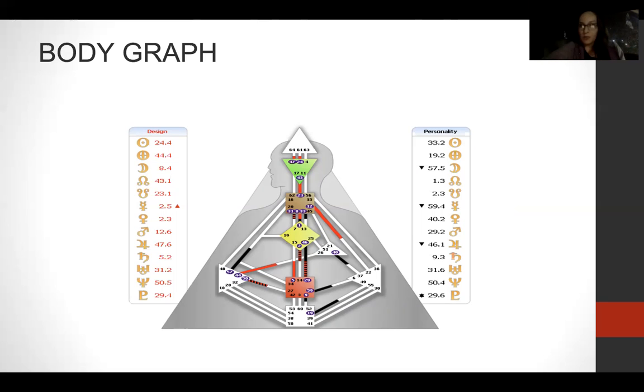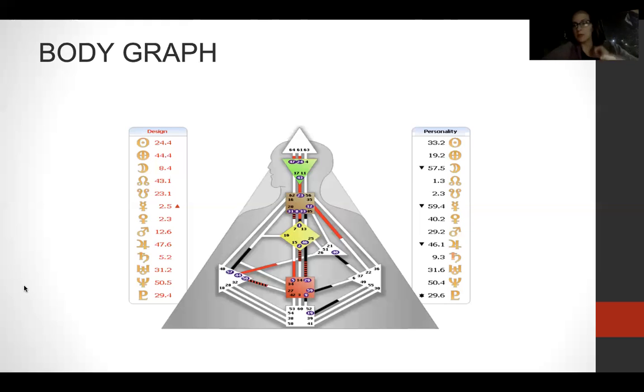And then we can also pull what's called an advanced chart for you. Both are really helpful because the basic client chart will show your inner authority, which is going to be really important for you. The advanced chart doesn't have it written out for you, but a specialist would be able to tell what your authority is just by the mechanics that are in your chart.